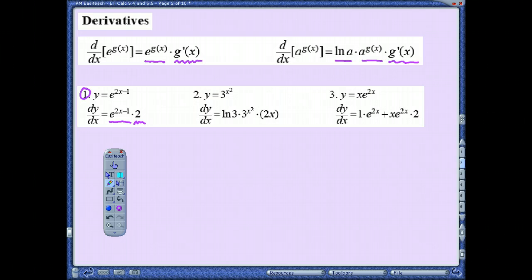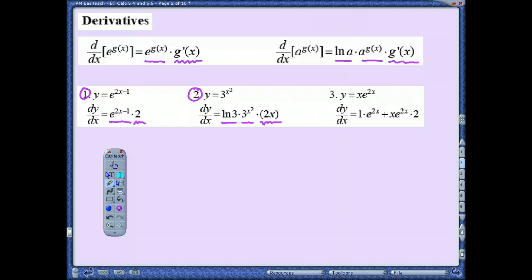So looking at example 2 here, when I take the derivative of 3 to the x squared, I'm going to start off with the natural log of 3 times that exponential as is times the derivative of the exponent. So the derivative of x squared is 2x.